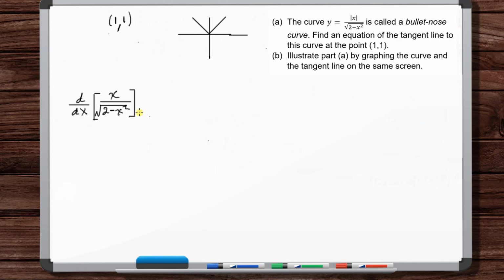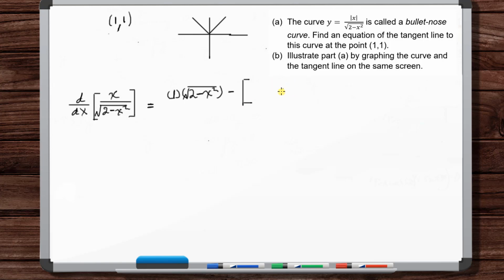okay, so now we just need to take this derivative. Let's use the quotient rule. Derivative of the top times the bottom, minus the derivative of the bottom. We need to use the chain rule here.